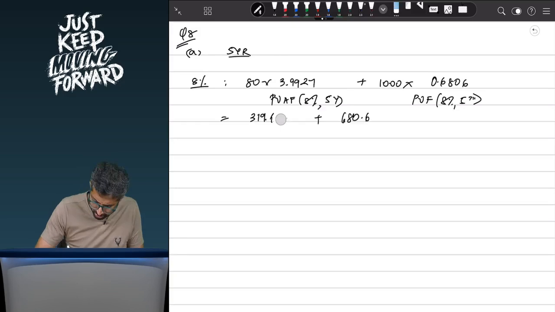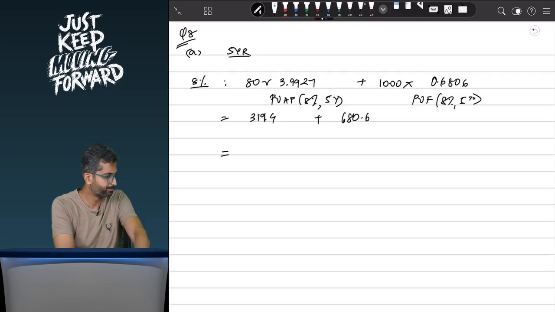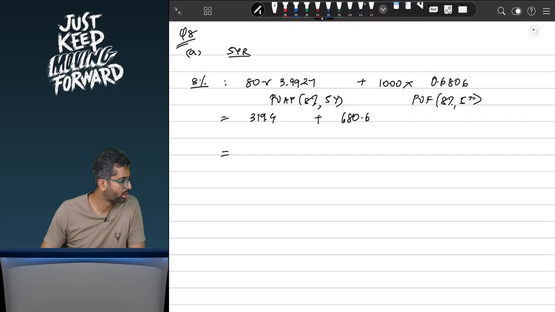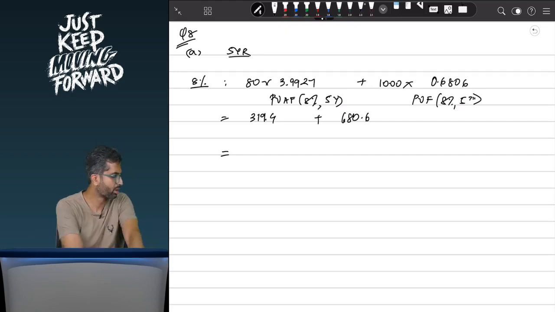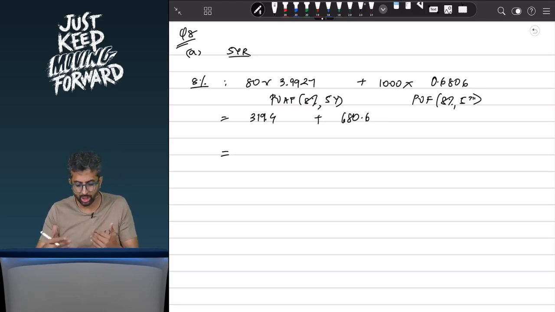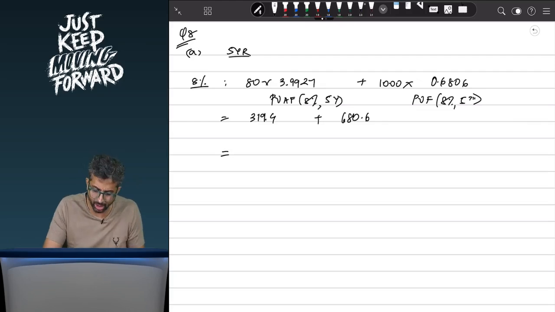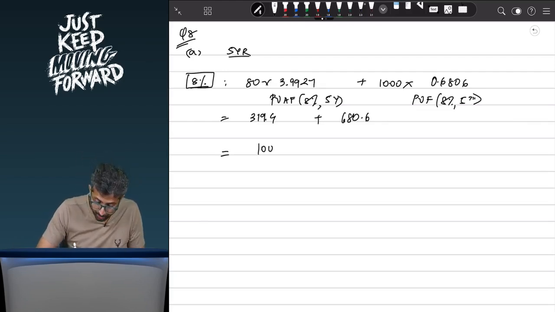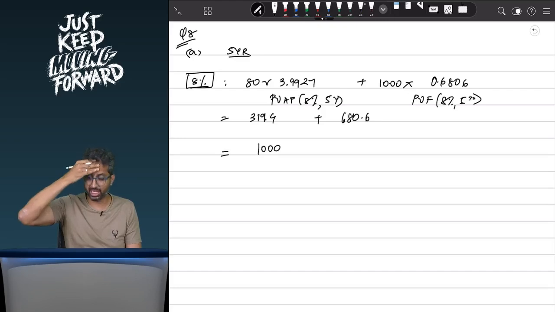So let us say if I were to take a single decimal, 319.4. So what we are doing over here is a simple calculation, where we are trying to find the value of the bond at the existing 8% rate, that is 319 plus 680, that comes to 1000. As expected, the bond is selling at par.